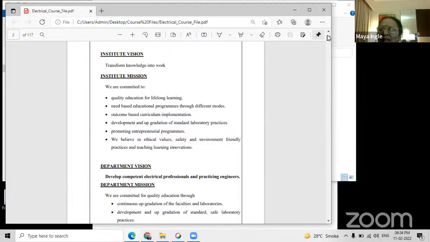But where counselors are there, if the problems arise due to the students' environmental status, maybe their family background, or any other related problems, then we have to send those kinds of problems to the counselors. This is what I suggest.